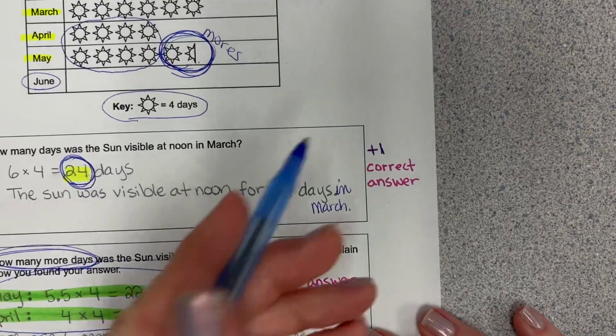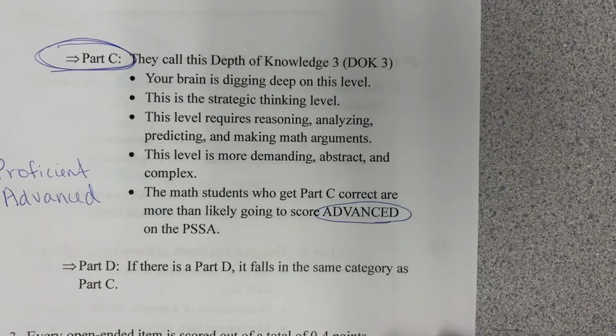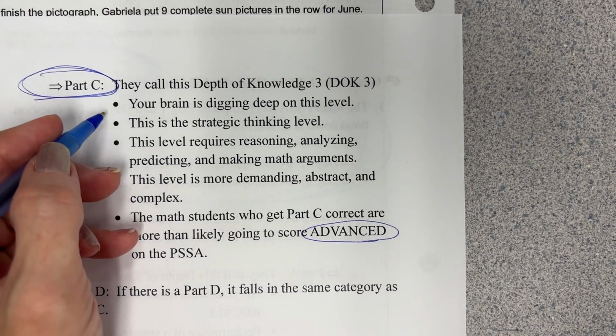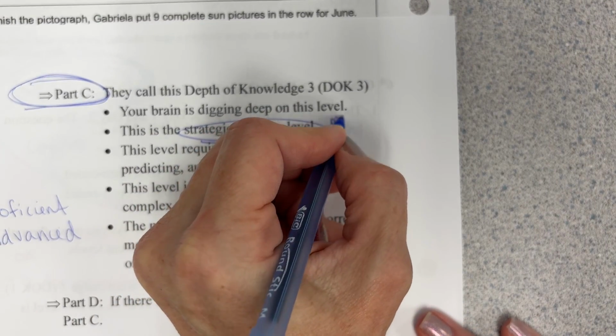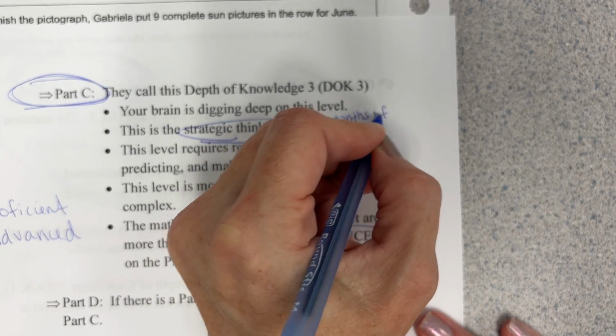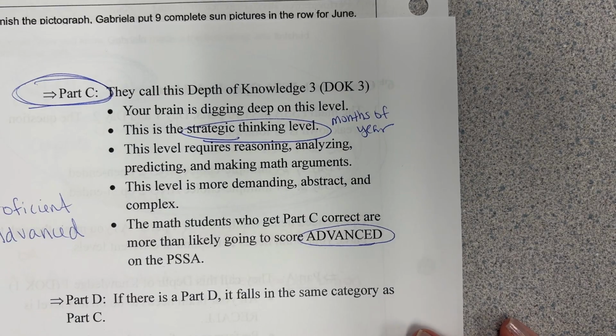Okay, so if I total up my points, I've got, oh, before I leave that, let's go back to part C and what we talked about, depth of knowledge 3. So part C, depth of knowledge 3, it's a little more strategic because you had to know about the months of the year, right? You had to know about 30 days in June, or the fact that no month goes over 31 days.